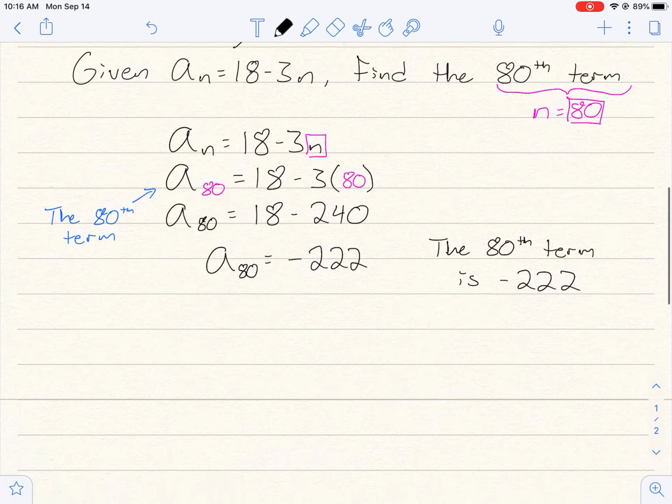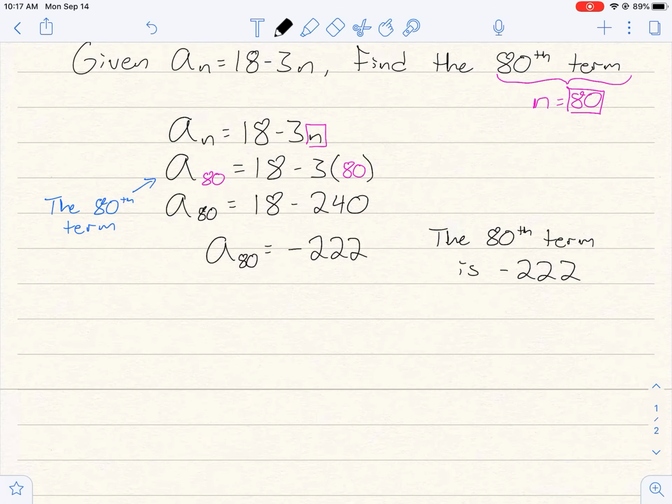Now, there's another way to use this explicit formula given a different scenario. So here's our second example.